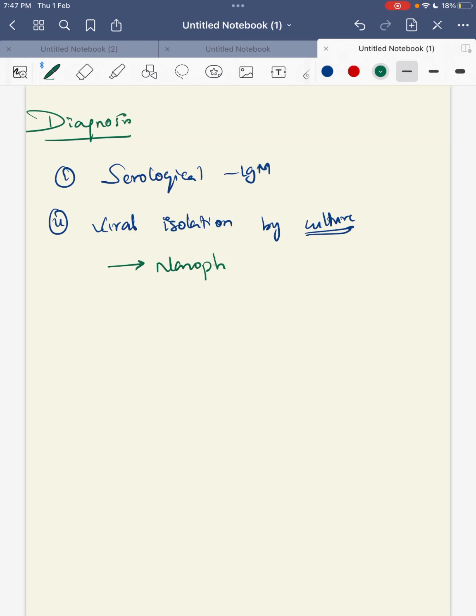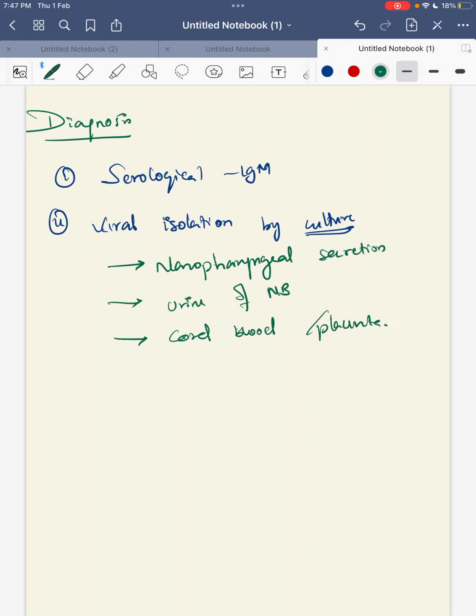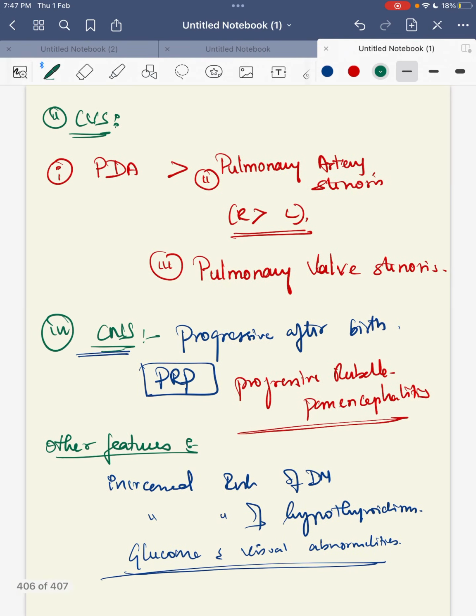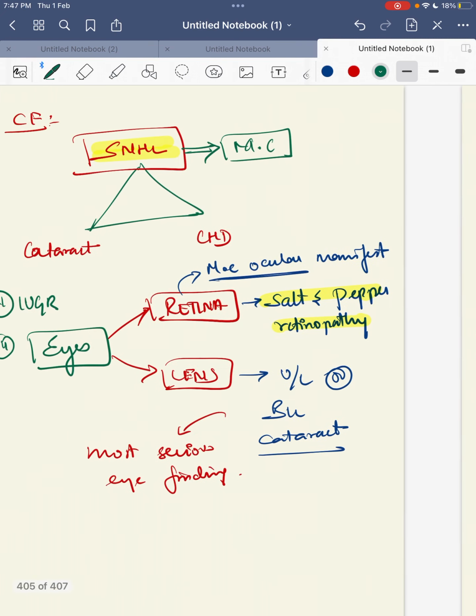You have to take samples from nasopharyngeal secretion, or urine of the newborn, or cord blood or the placenta, to diagnose congenital rubella syndrome.